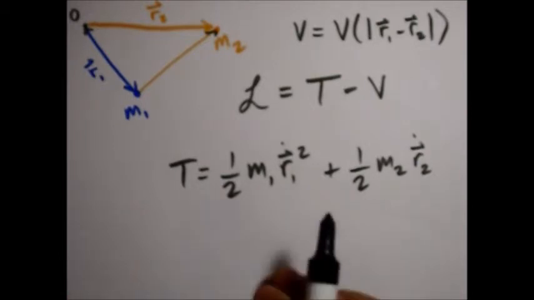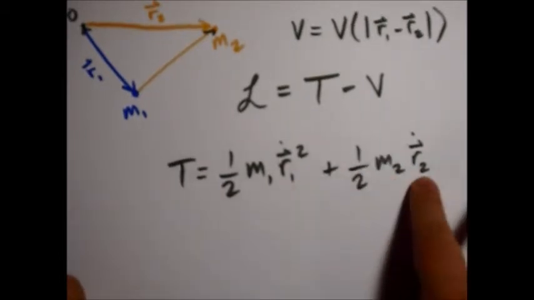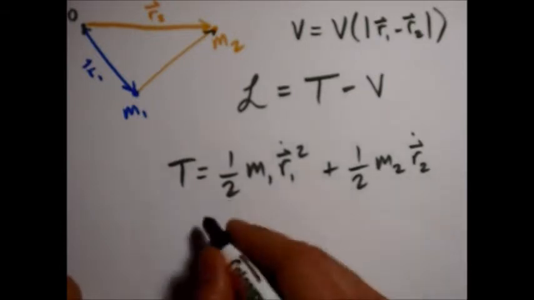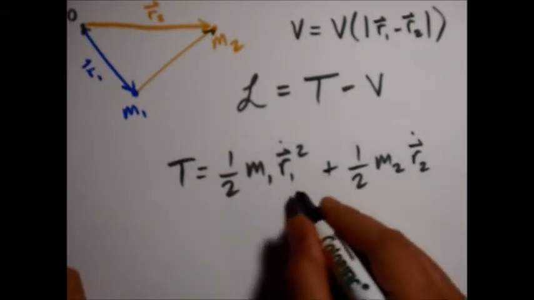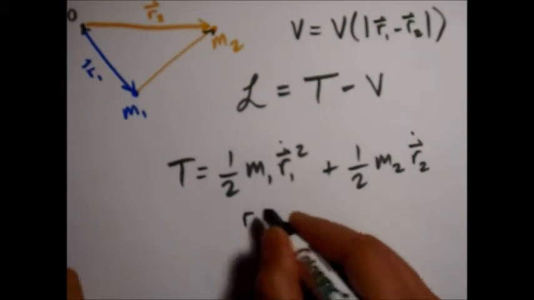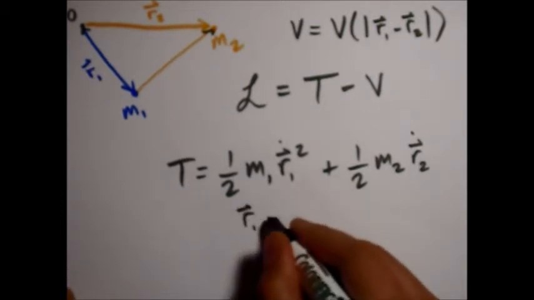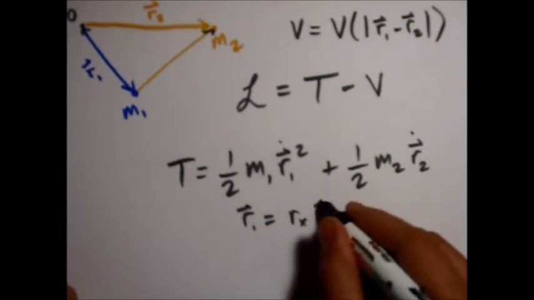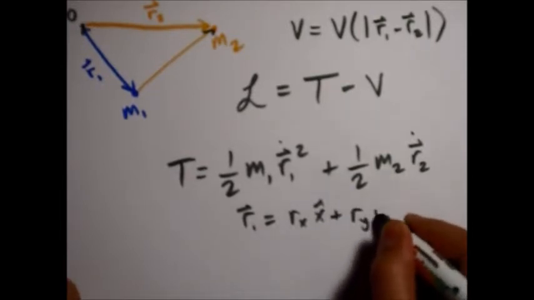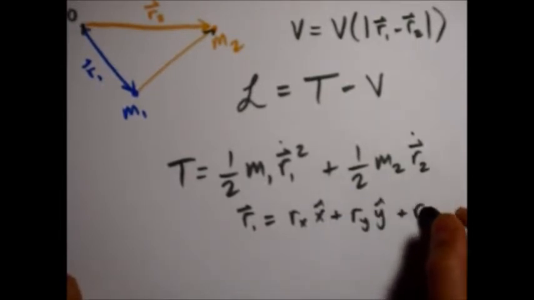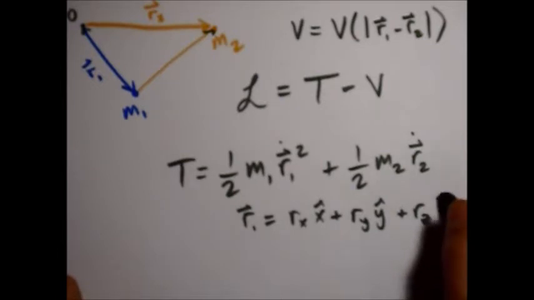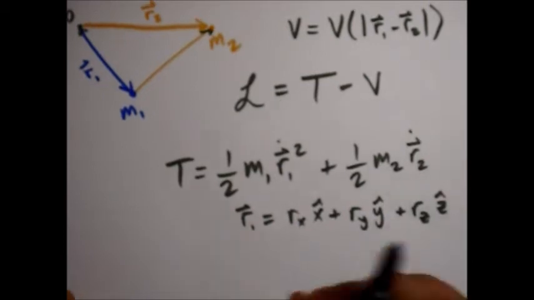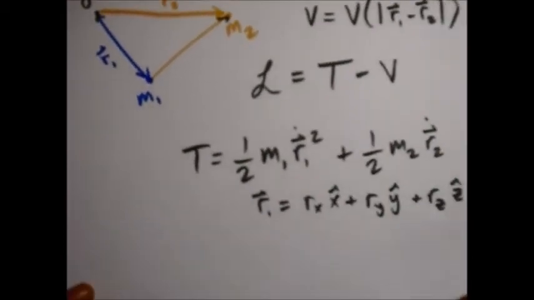All right, so 3 degrees of freedom here, 3 degrees of freedom here, because if I were to write out each one of these vectors, for example, r1 equals rx x hat plus ry y hat plus rz z hat. Okay, so 1, 2, 3, 3 here, 3 here, 6 degrees of freedom.